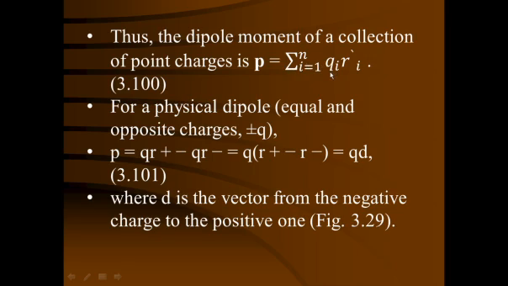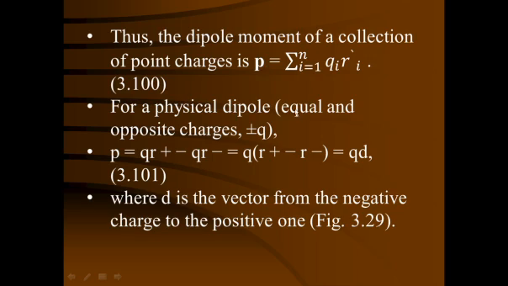Qi is the q1, q2, q3 etc. charges, and ri dash is the position vector of these charges with respect to some reference point. So, by taking the product of q1 r1 dash plus q2 r2 dash plus q3 r3 dash, the vector sum of this will result in the dipole moment of this discrete charge distribution.